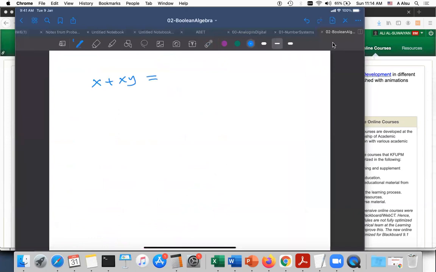By the identity law, this is equal to x ANDed with 1, ORed with xy. And using the distributive law, I can take x as a common factor, and this is going to be x AND (1 ORed with y). Then by the null law, I know that 1 or y is 1. And then by the identity law, I can say this is equal to x.